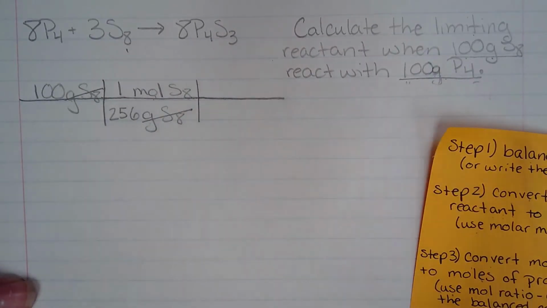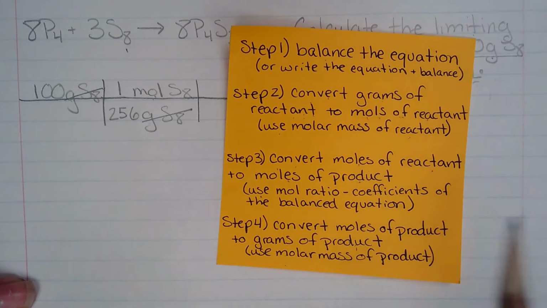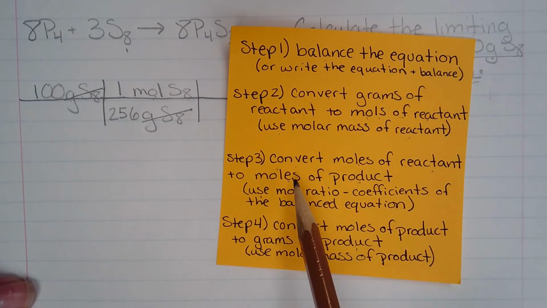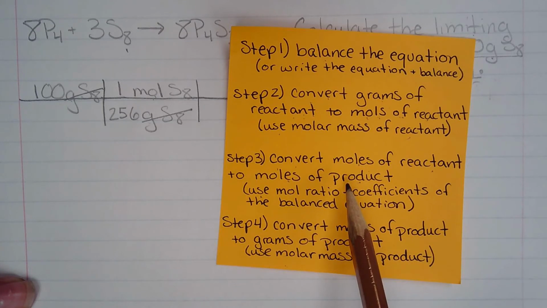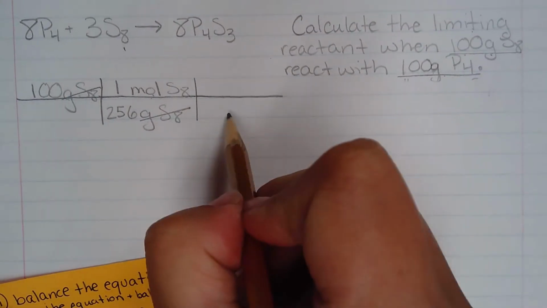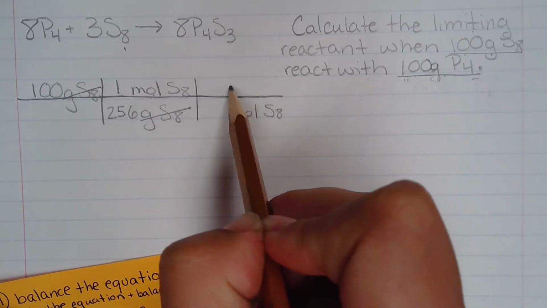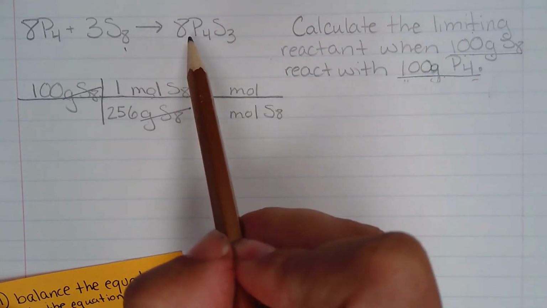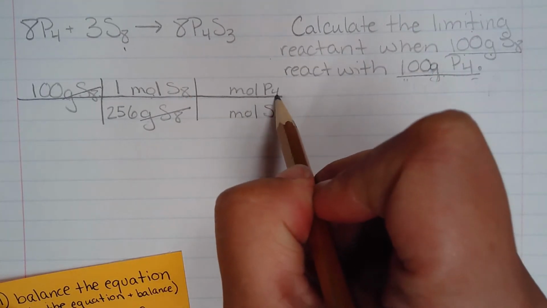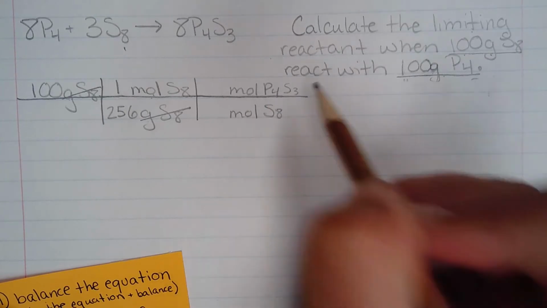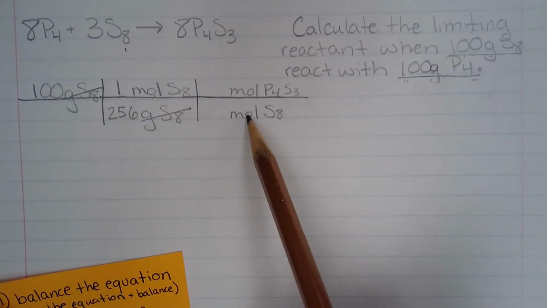Step 3, we want to go from moles of reactant to moles of product. So we have moles of S8. We want to go to moles of our product, which is P4S3. Notice here we've kept moles constant.